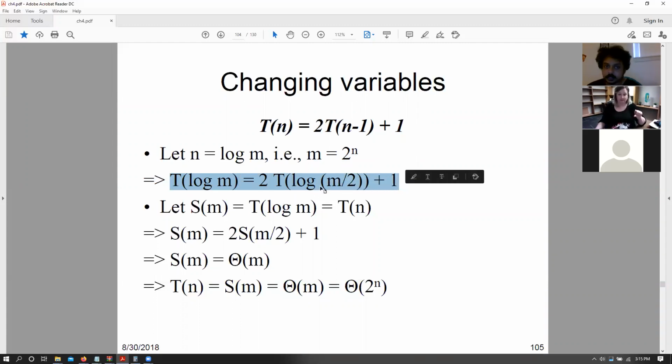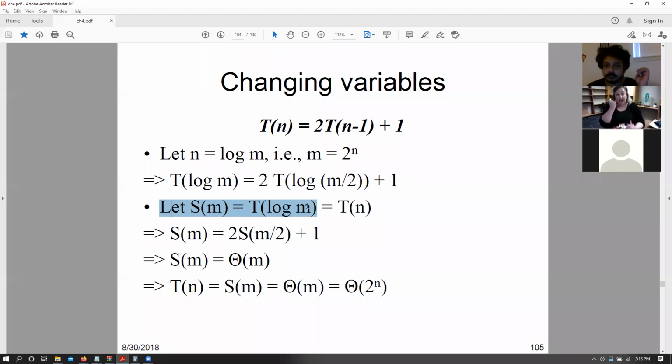We get m/2 because we have n minus 1: log m minus log 2 base 2 divides out, so we have log(m/2) + 1. Let's assume S(m) = T(log m), which is T(n). So we can say S(m) = 2S(m/2) + 1.